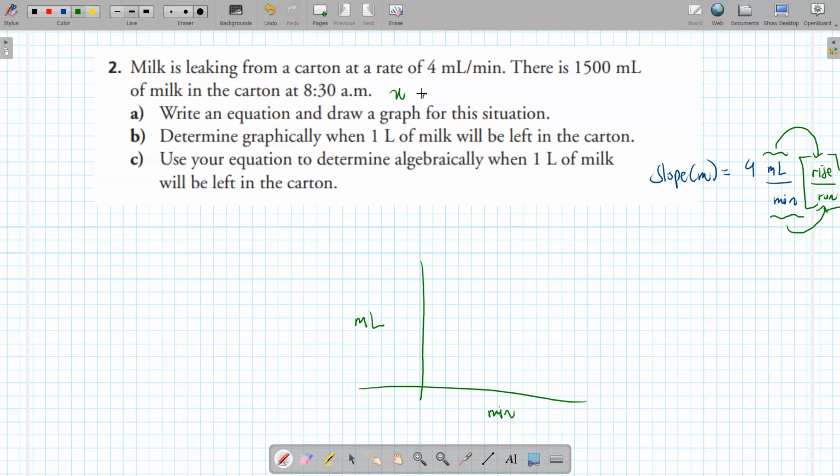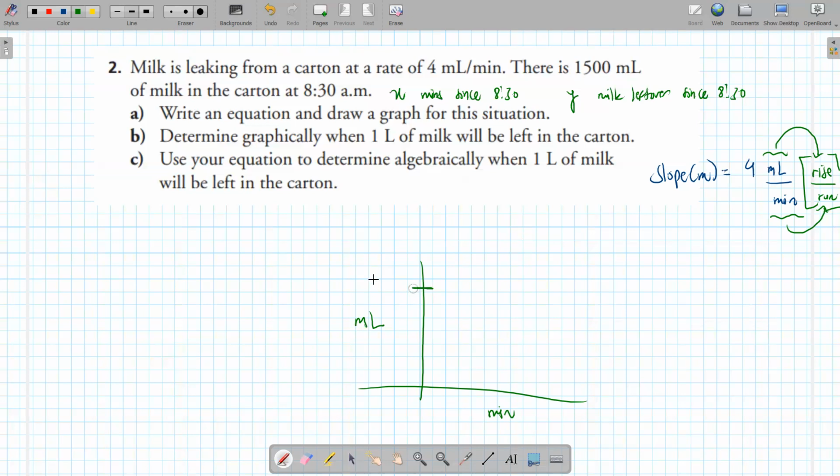x is the minutes that have passed since 8:30, since it started leaking. That's our x. x is the minutes, and y is the milk left over in the carton since 8:30. Look at this.